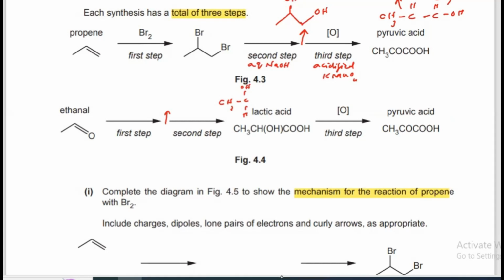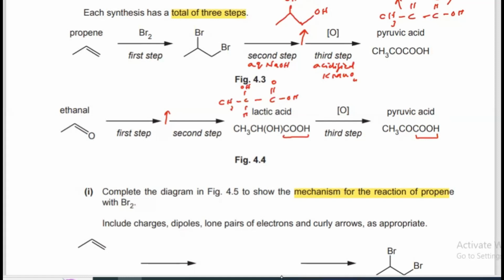This is again a secondary alcohol, and you're getting C double bond O OH. This is the carboxylic acid, as you can see it is here. So we're not changing the carboxylic acid here, but the secondary alcohol is oxidized to ketone.